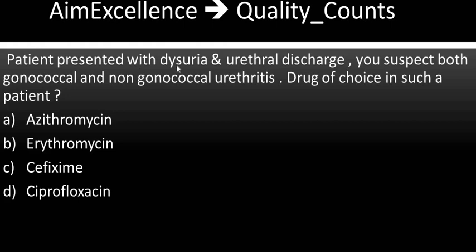Now, patient presented with dysuria and urethral discharge, you suspect both gonococcal and non-gonococcal urethritis. Drug of choice in such a patient: azithromycin, erythromycin, cefixime, or ciprofloxacin. We are going by the CDC guideline, and right now CDC says it should be 1 gram azithromycin, 1 dose OD.